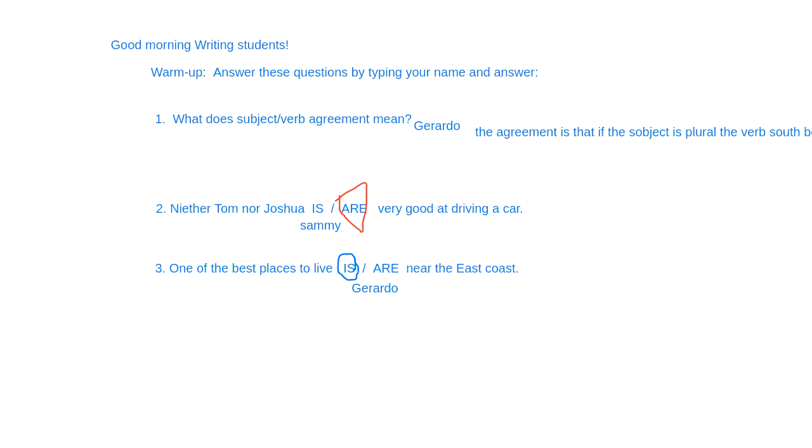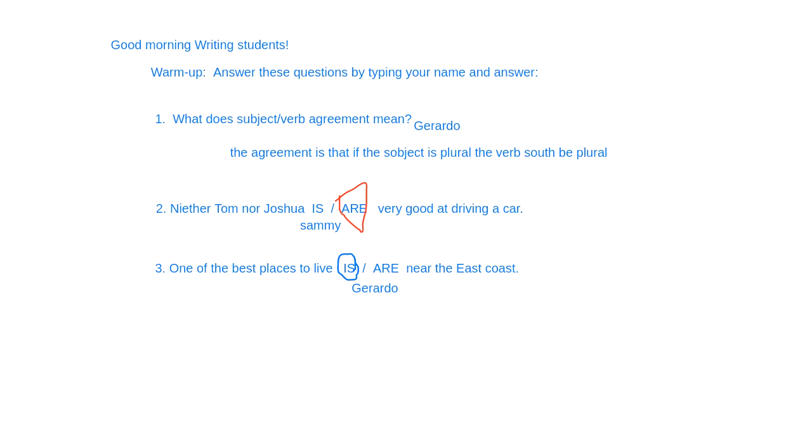And you write that the agreement is that if the subject is plural, the verb should, are you trying to say should be plural? Yes. Okay, if the subject is plural, then the verb should be plural. Yes, basically, the subject and verb need to match in agreement.